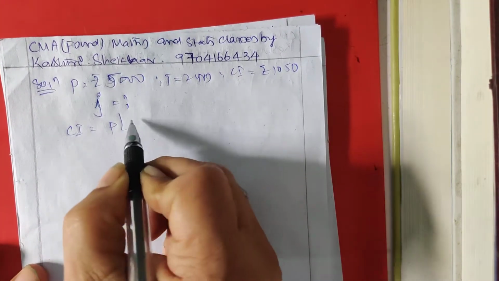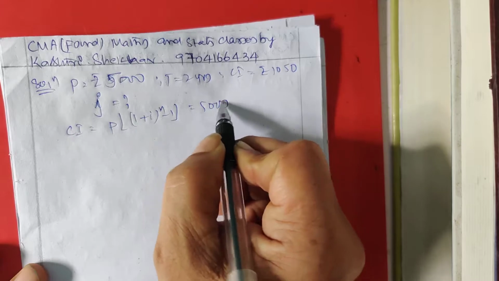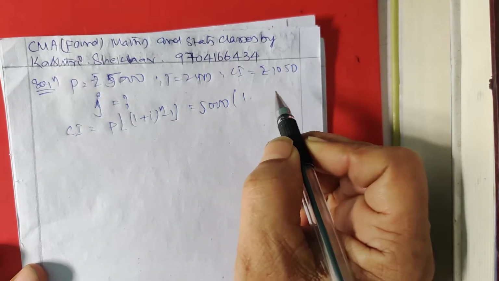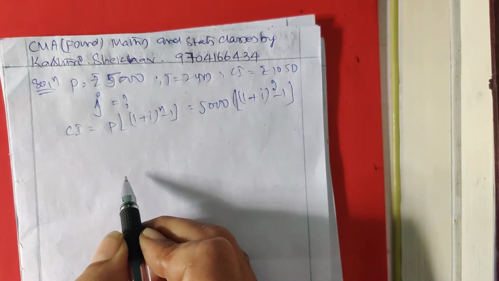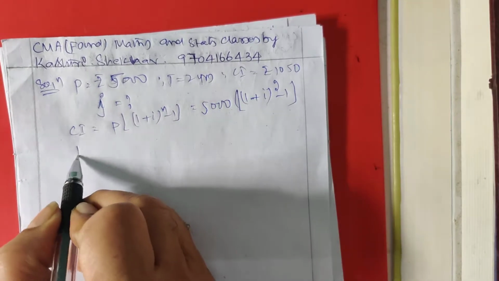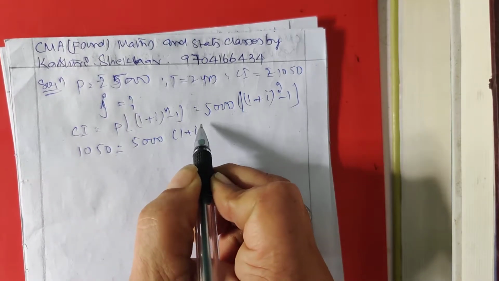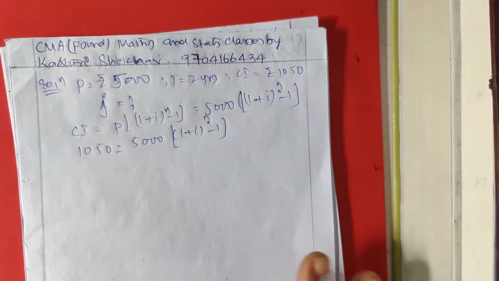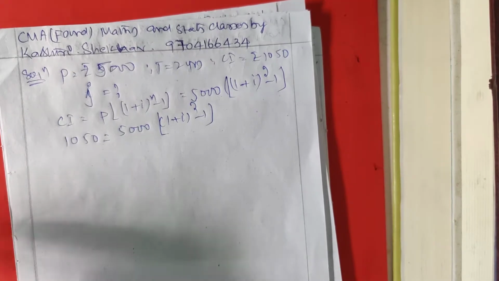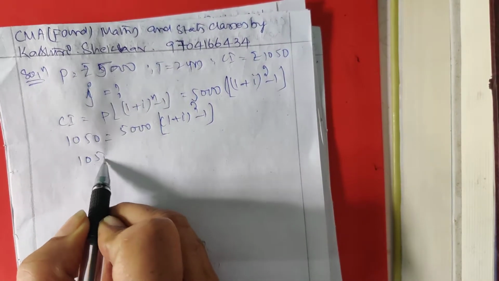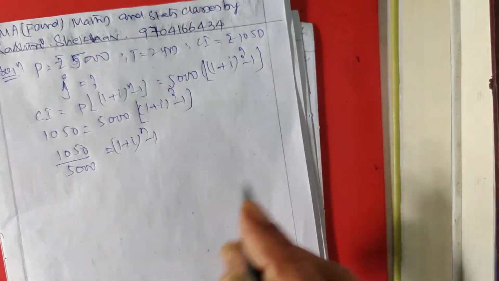Compound interest is principal into (1 plus i) whole power n minus 1. So this is 5000 into (1 plus i) whole to the power of 2 minus 1, equal to compound interest 1050. So 1050 divided by 5000 is equal to (1 plus i) whole power n minus 1.